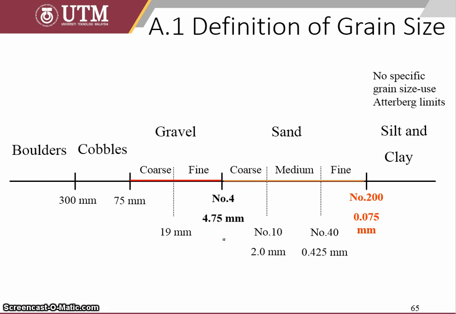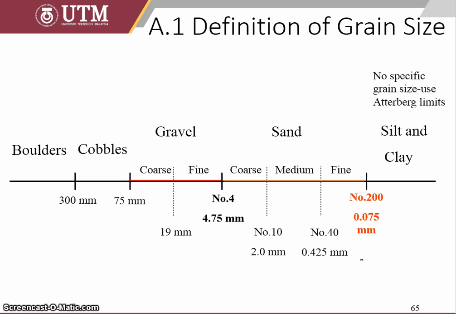If we use the BS system, number 4 is 2 millimeter, but we use the USCS, so it is 4.75 millimeter. At the same time, number 200 is the barrier between the finer grain soil and the coarser grain soil. The US standard uses 0.075 millimeter. If it is BS, it is 0.063 millimeter.